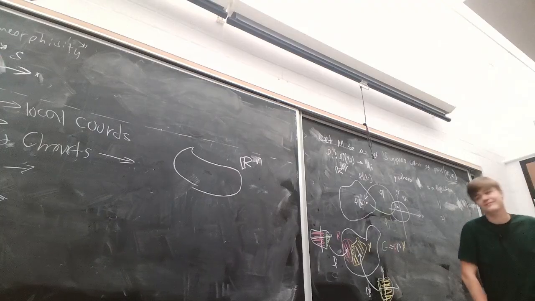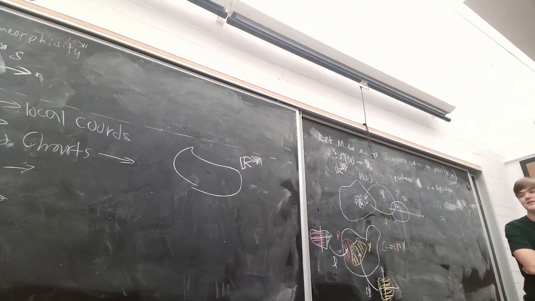So you have the red region R, which has one set of coordinates defined on it, and another region Y, which has a different set of coordinates defined, right? In principle, these regions could have overlap as drawn there. So on the same region, I have two different sets of coordinates defined on it. Do you agree? That's problematic. What if these two different coordinates don't play nice with each other?